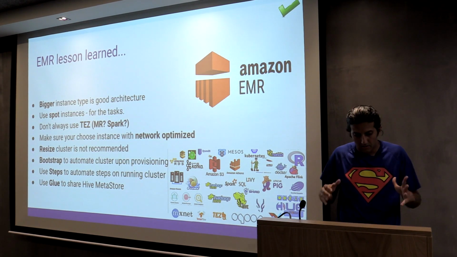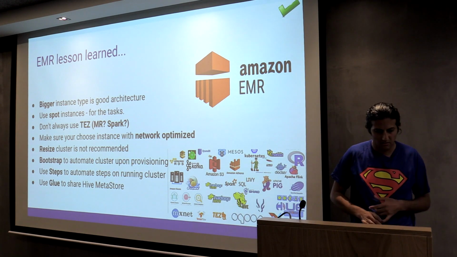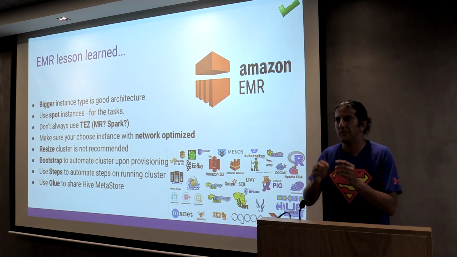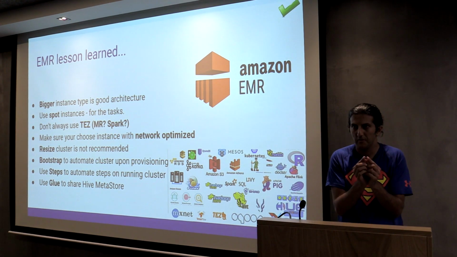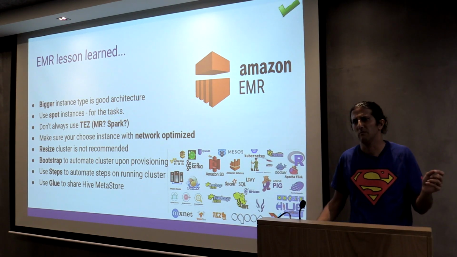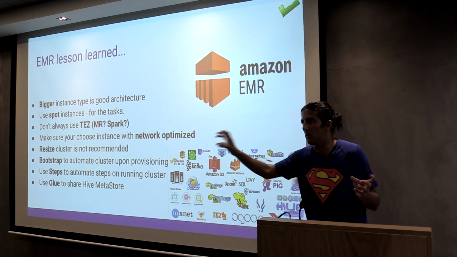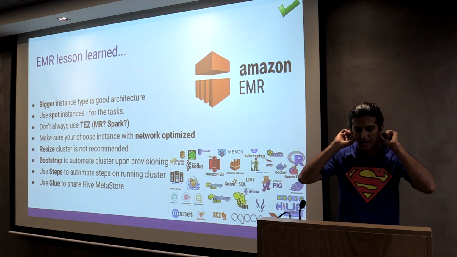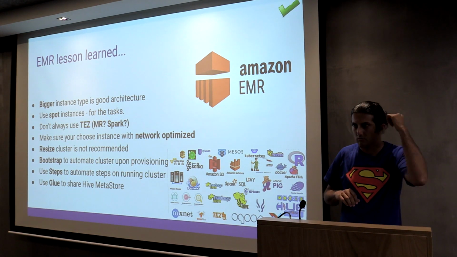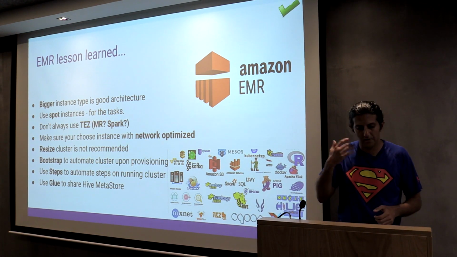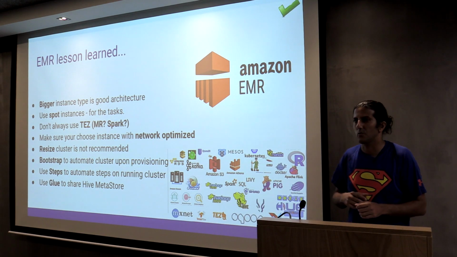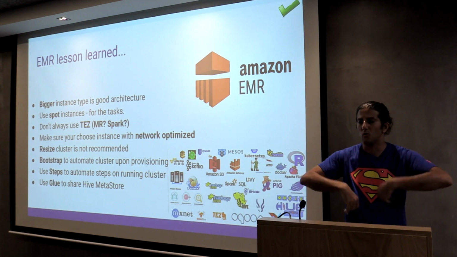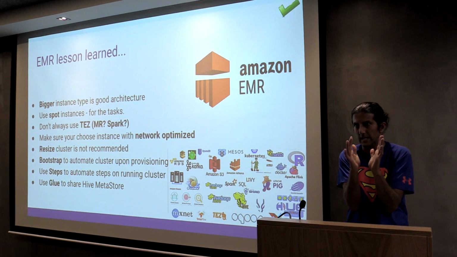Lesson learned about EMR, generally speaking, before we go deeper. The idea of Hadoop in the beginning was, let's use smaller servers, but use thousands of them. If you are missing resources, just add more, okay? But as time went by, I realized that maybe we should go back to the original version of architectures where we consider the scale-up architecture, where we put more CPUs, more RAM, more network, more disk per machine.